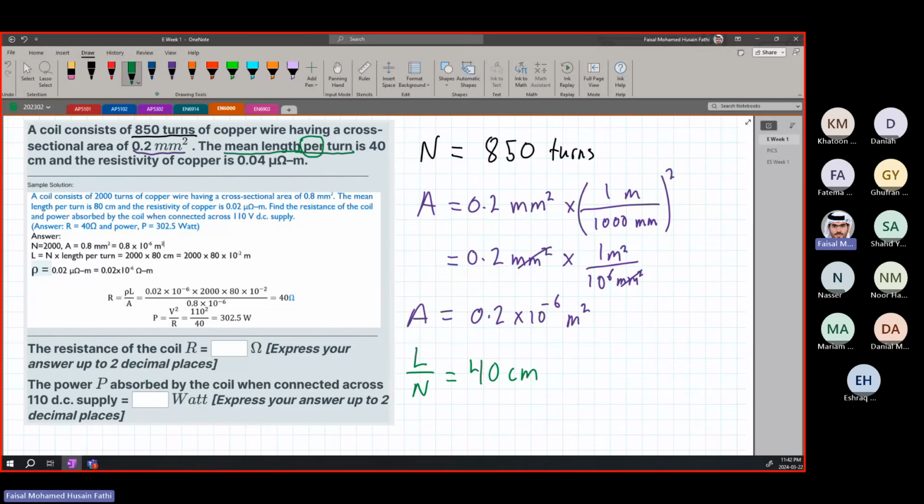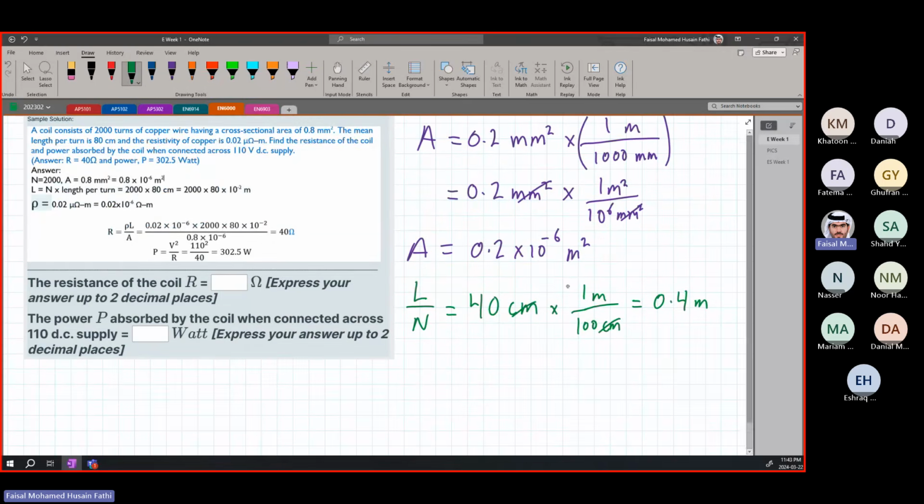Per turn means per N, per every time it turns around the coil. Meaning every time it turns around the cylinder or whatever. Okay? So L over N is equal to 40 centimeters. Again, we want to convert this into meters, so we just multiply by 1 meter over 100 centimeters. Cancel, cancel. This is going to give us 0.4 meters. All right? So L over N is equal to 0.4 meters.